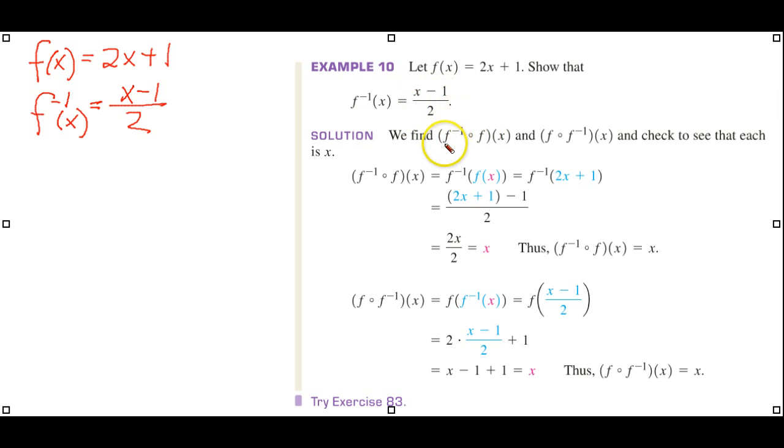And we're going to do this through our composites, f inverse circle f of x and f circle f inverse of x, and check to see that each of them comes out as an x.